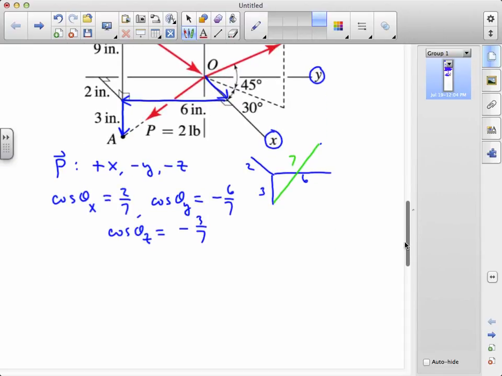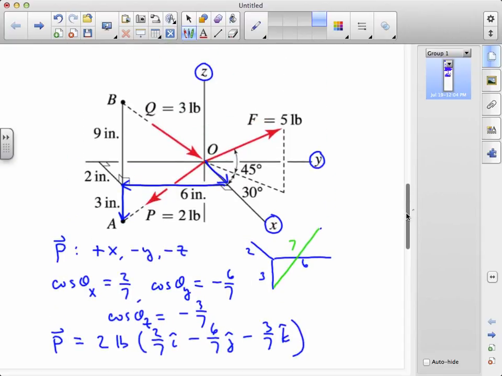That allows us to write for P its magnitude, 2 pounds, on its unit vector, which is defined by the direction cosines. So that's 2/7 in i minus 6/7 in j minus 3/7 in k.